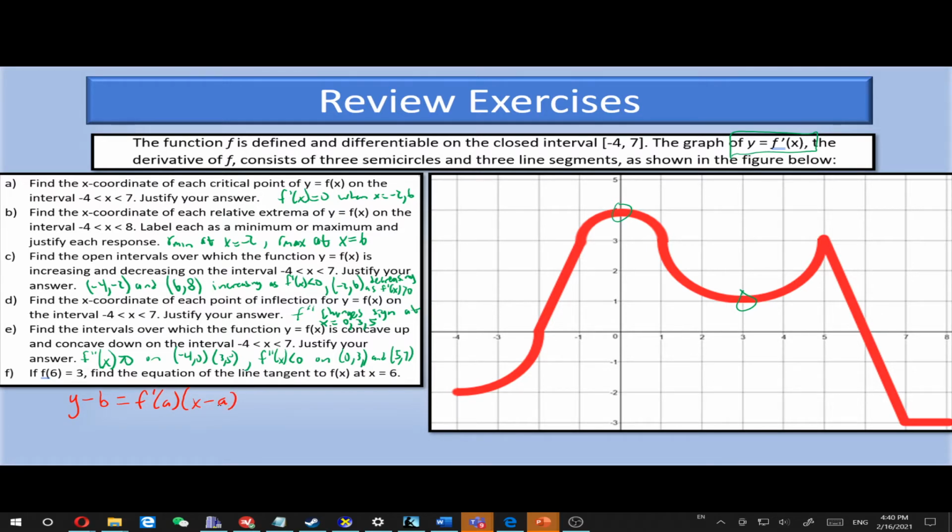What is b, what is a, what is f prime of a? Our b is 3, our a is 6, and f prime of 6 is 0. So if we simplify, what's the equation of the tangent line? y equals 3. Perfect. All right, awesome.